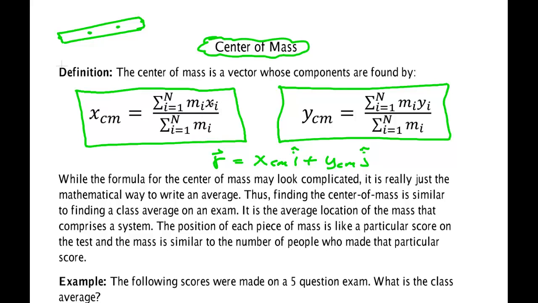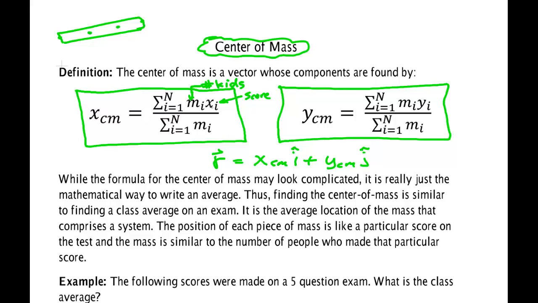I talk about this a little bit in the notes, which I'll leave for you to read. But the mass looks like the number of people or number of kids in a class scoring a particular score. So that's the number of kids, and this is the score they make. Maybe that happens to be 100. So if 4 kids made 100, the mass would be 4, the score would be 100.